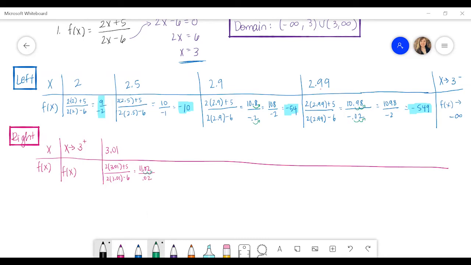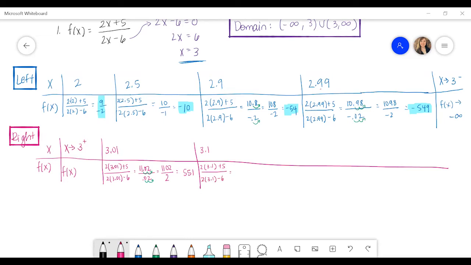Let's move our decimals over 2 places. You end up with 1,102 divided by 2, which gives you 551.